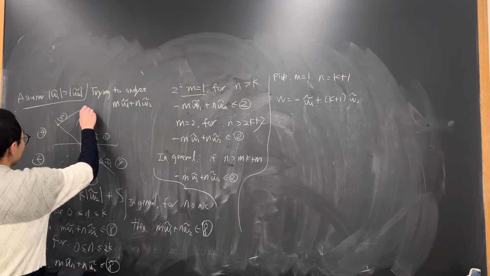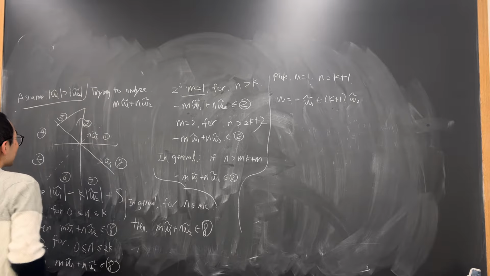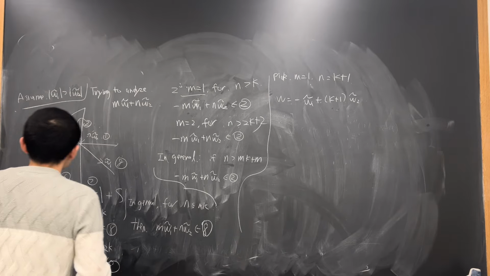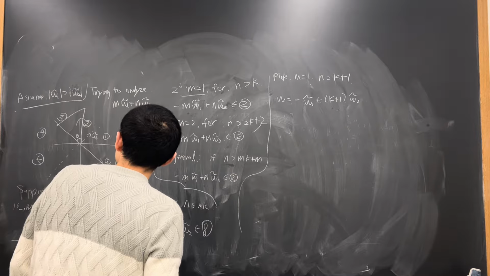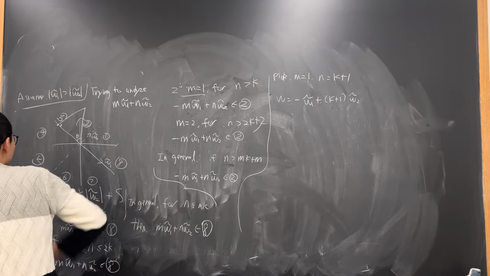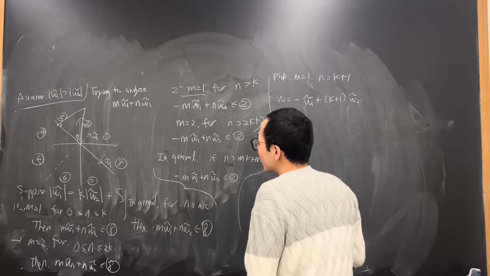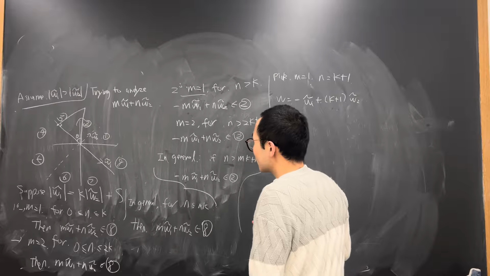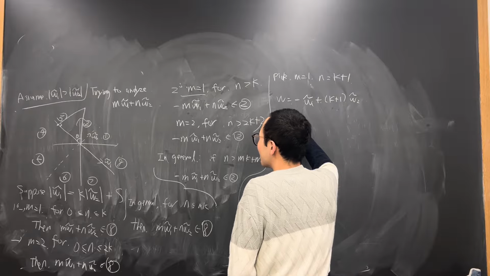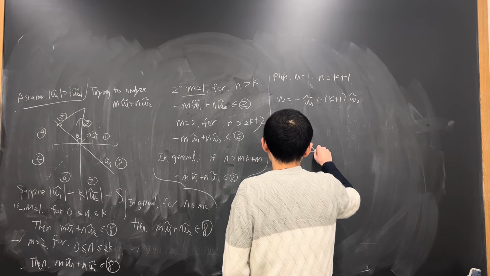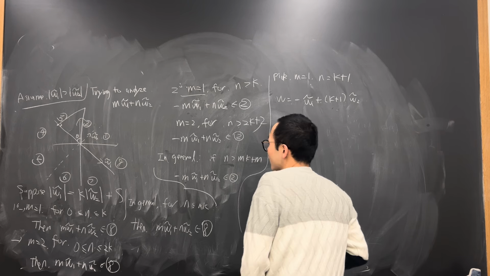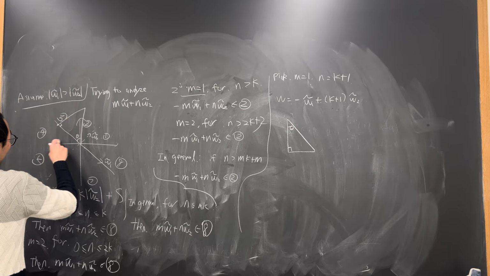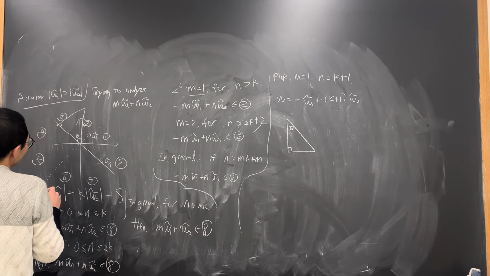Let's just be interested in this angle. So let's draw this triangle here. By the way, this is 90 degrees. This is the angle theta, and we have the opposite side and the adjacent side.